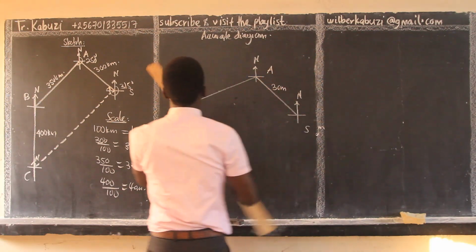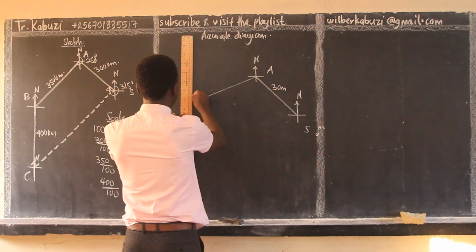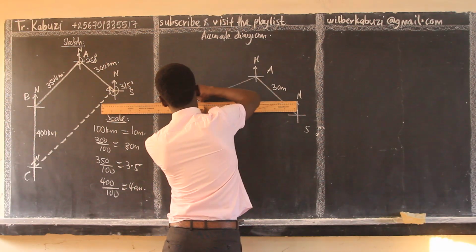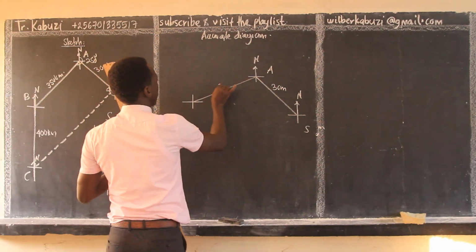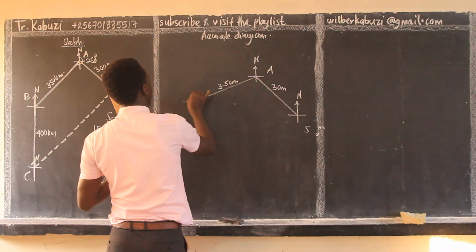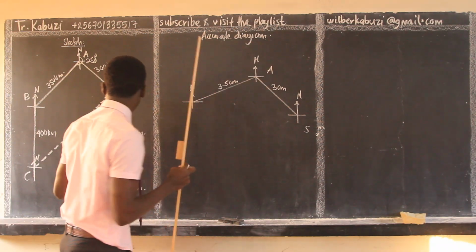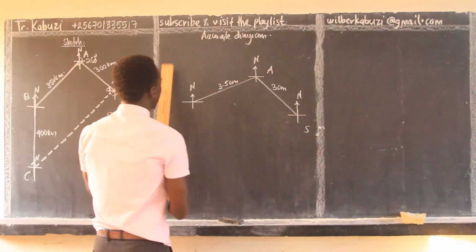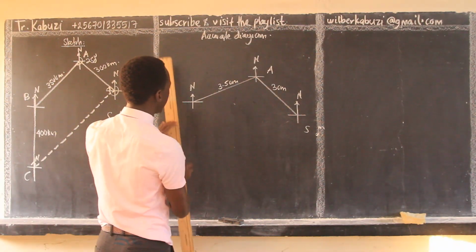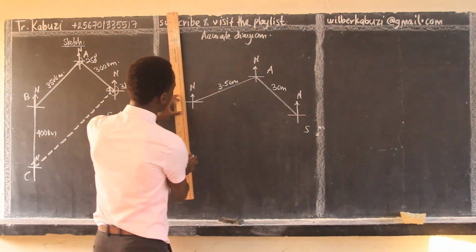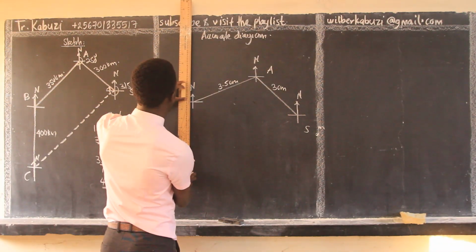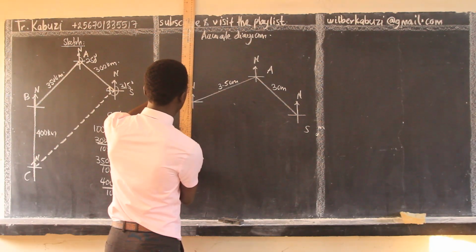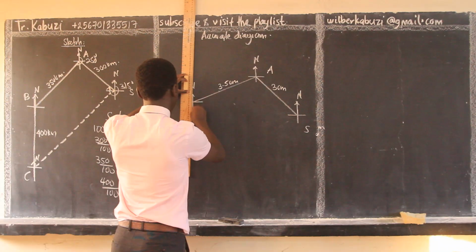So where I stop, immediately I draw a compass. So this is 3.5 centimeters. This is my north. Remember, I chose a bigger scale because I have a small workspace. So here now, they travel southwards. From there, I'll measure my 4 southwards, which will end there.